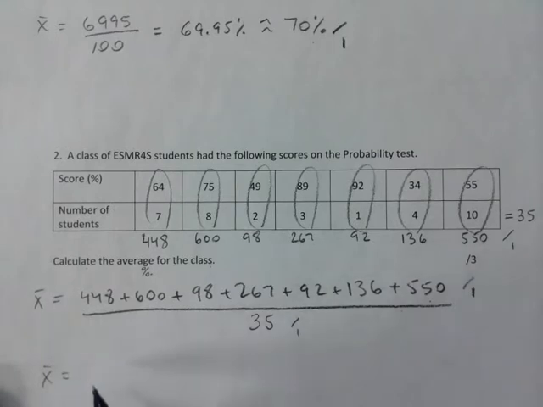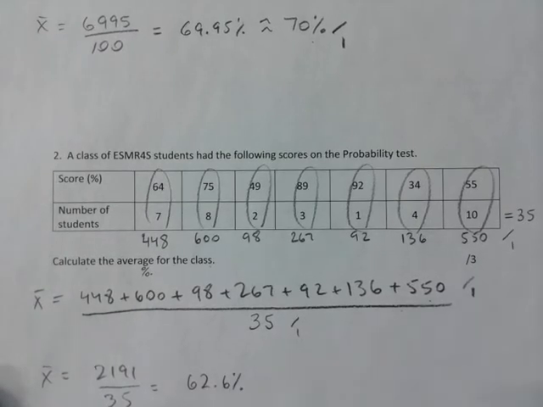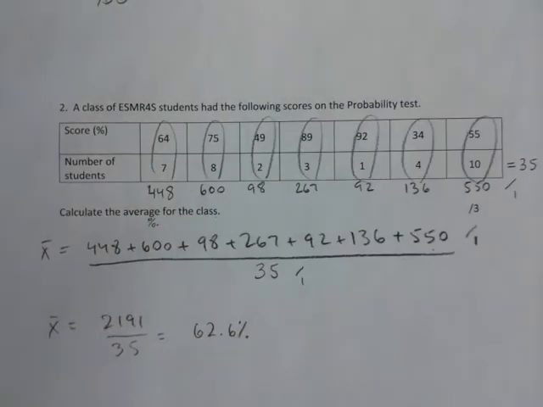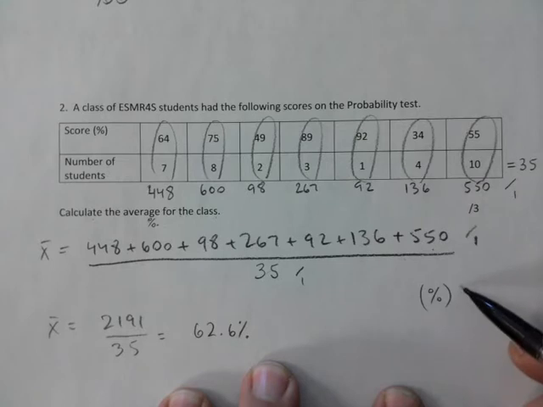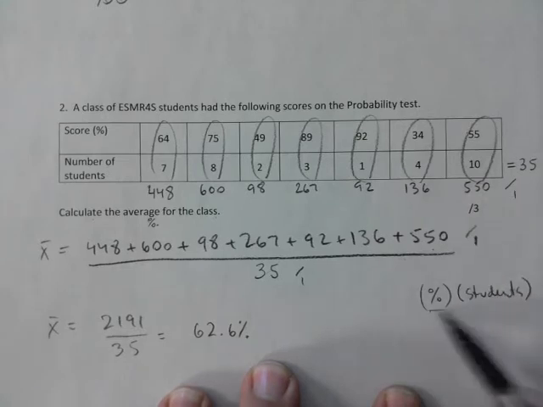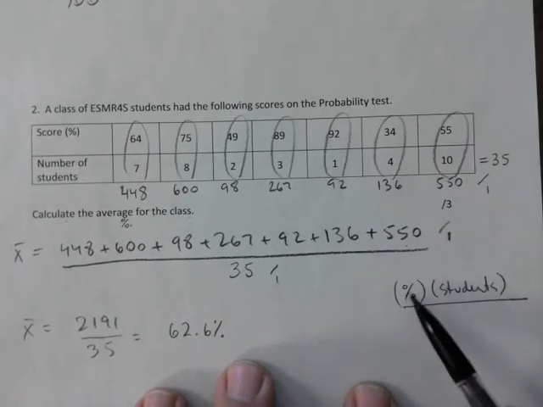And here's where I do a little bit of cleaning up. You get 62.6%, which is approximately 63%. That's the average for the class. You kept on multiplying percentage and students. The question asks you for the average mark.